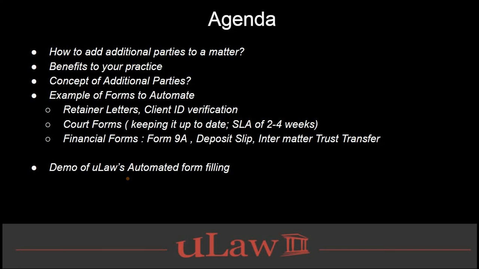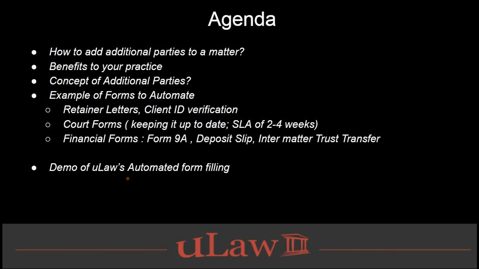We'll take some examples such as retainer letters and client ID verification, where information once saved can be repurposed across all of these different documents, both client-facing as well as court forms, and in some cases, jurisdictionally based financial forms. Information can be pre-populated.